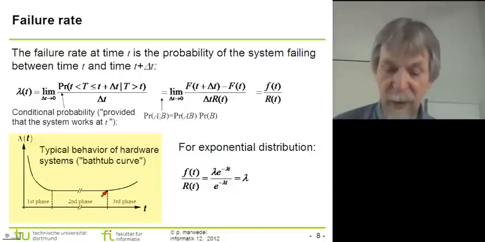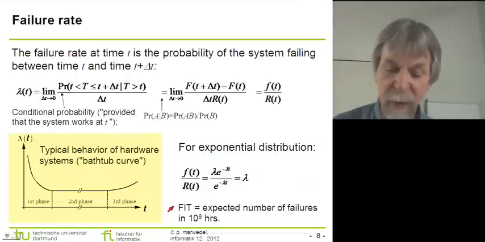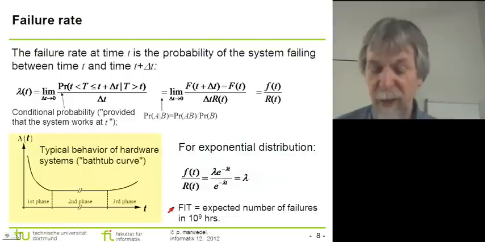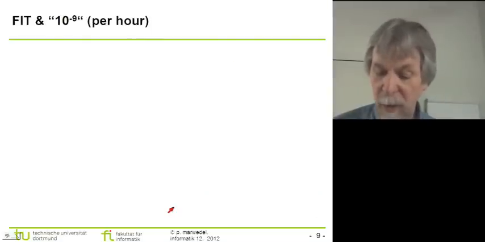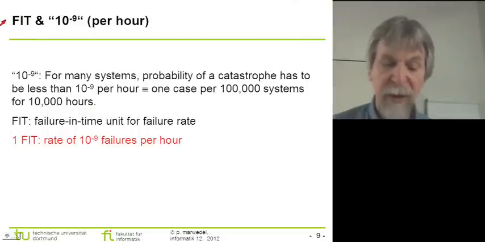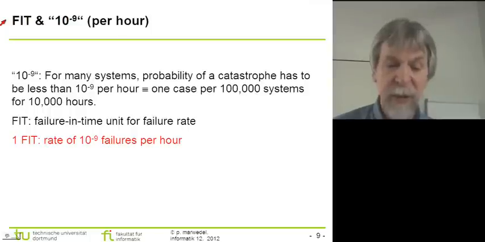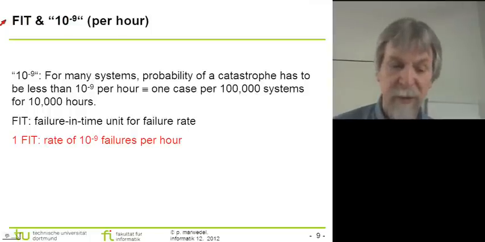The actual failure rate is typically measured in terms of so-called FIT units, where FIT stands for the expected number of failures in 10 to the 9 hours. This FIT actually needs some further mentioning because it is really used in many cases when people evaluate safety critical systems.